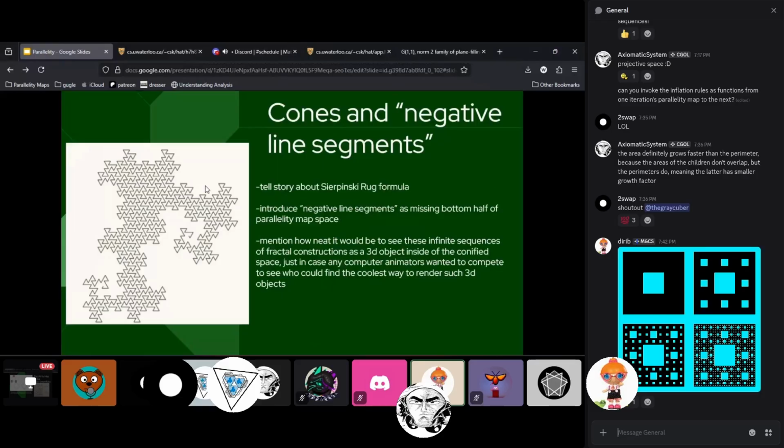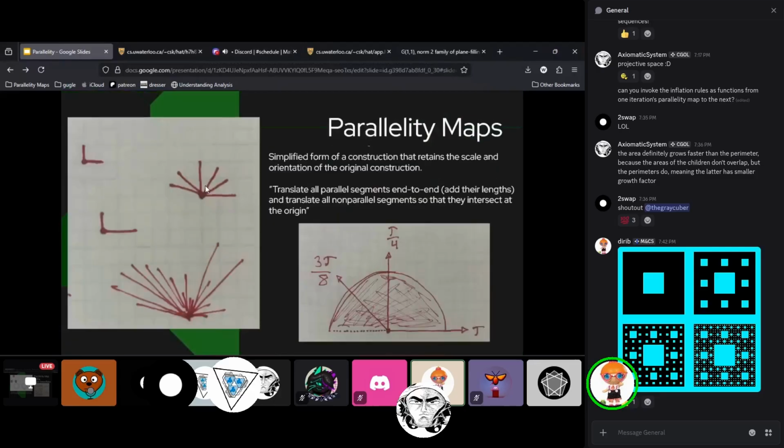So there's two different things that connect. One is, the initial idea when you were presenting the parallelity map, and we have angles, but we only have half of them. It's kind of like you're taking a circle, but only half of a circle.